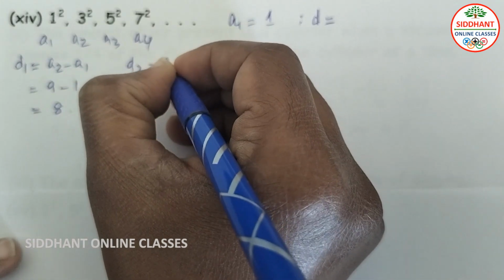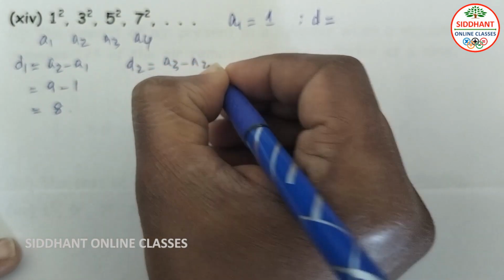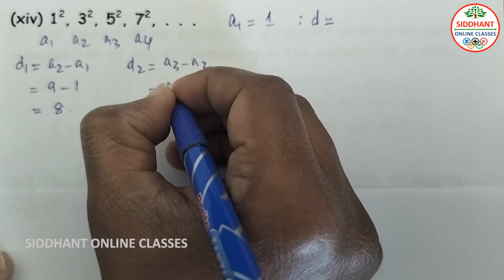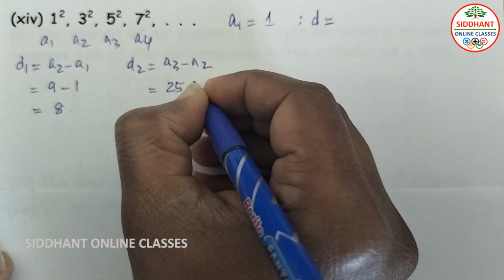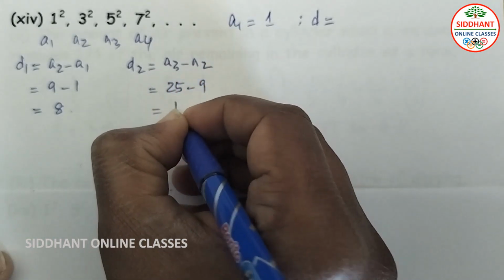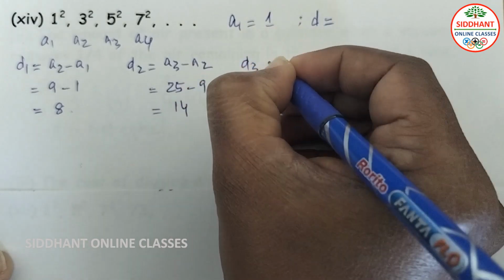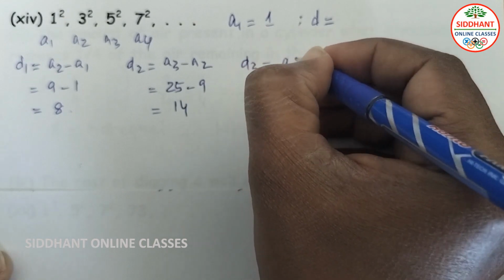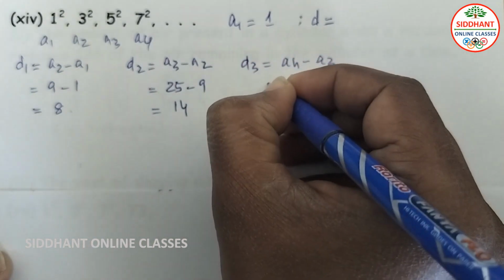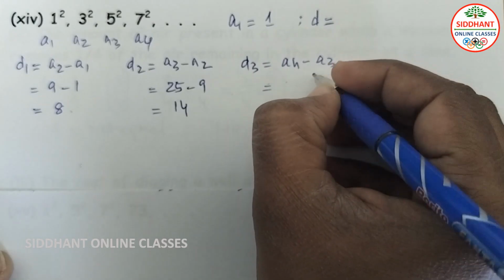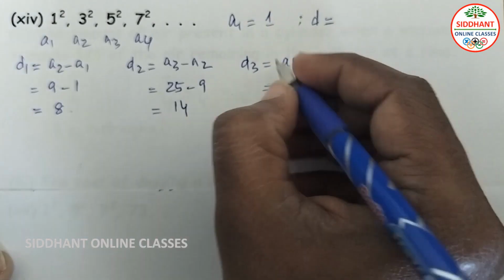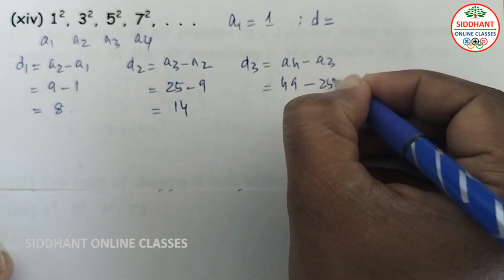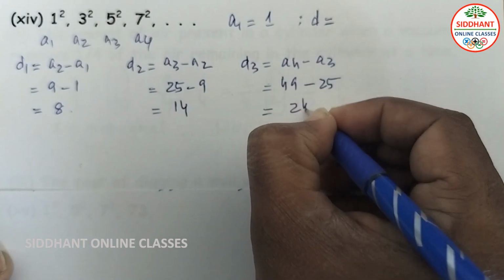D2 is equal to A3 minus A2. Now A3 is 5 square, which is 25, minus 9, that equals 16. D3 is A4 minus A3, where A4 is 7 square, which is 49, minus A3, which is 25, that equals 24 here.